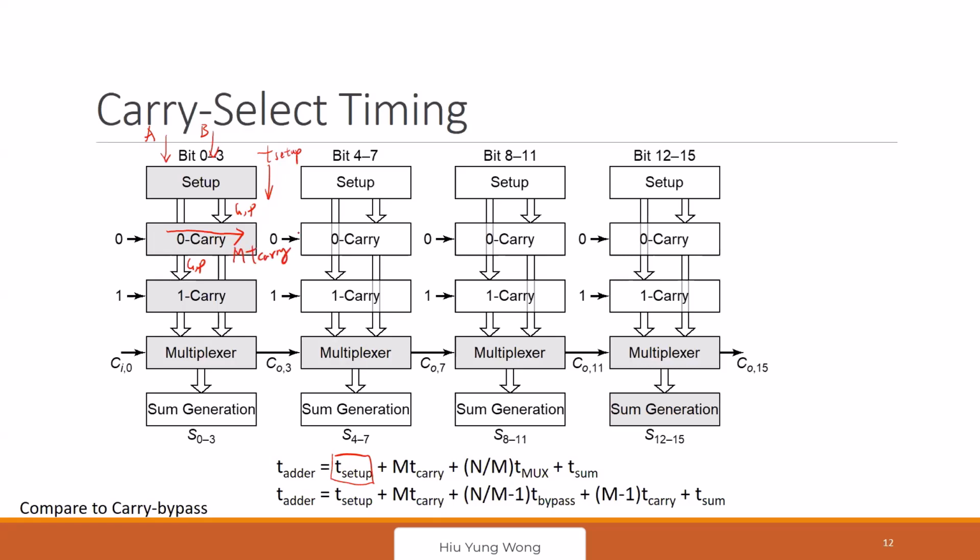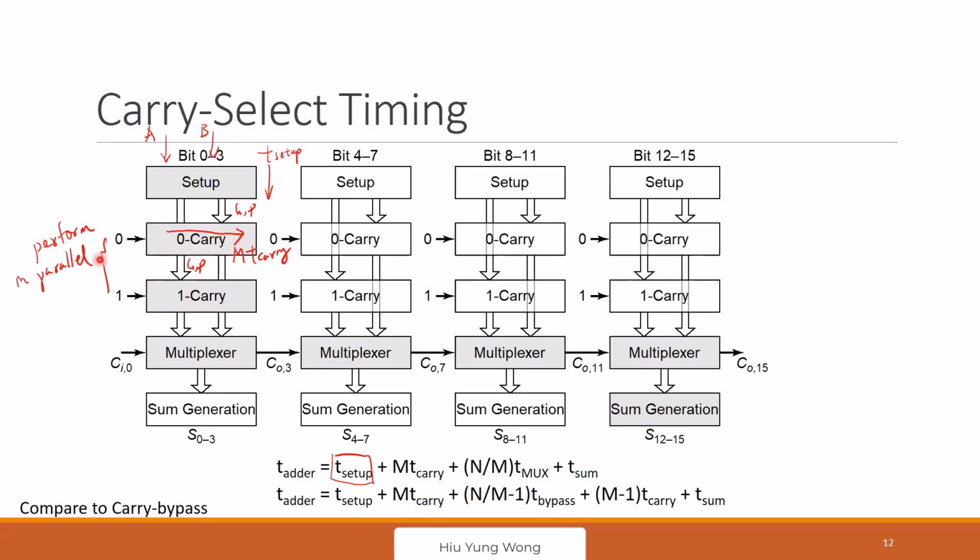You do have this propagation. It takes M times T carry to make this ready and this ready. But this block and this block are working in parallel. So don't waste any time.